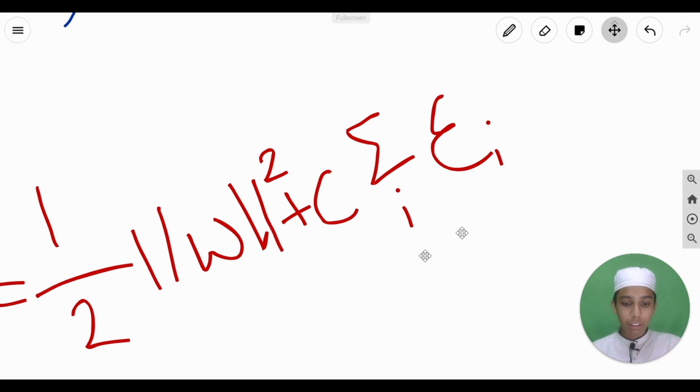Now you will be asking the question, why have I given this value? This is why I have added the C. Now, the value is how much we want slack to affect the rest of the equation. The lower the C, the less important the sum of the slacks is in relation to the magnitude of vector w. Okay, so guys, this concept is a little bit confusing, but it is very important to us.